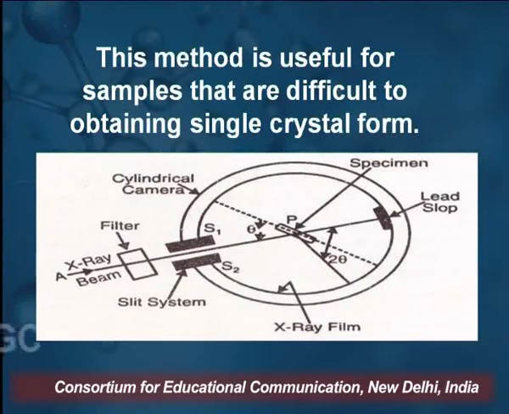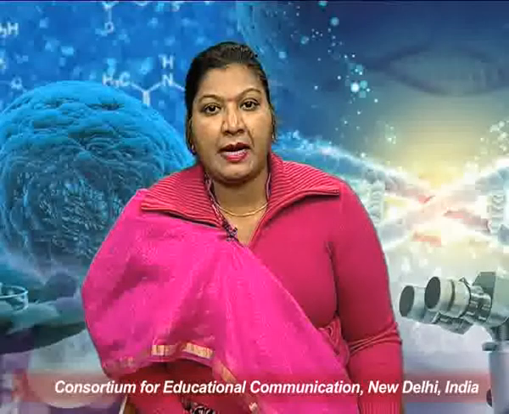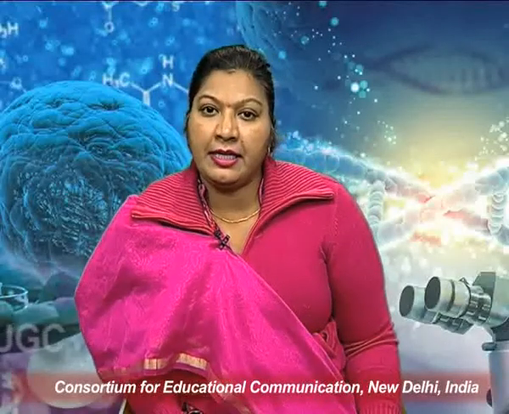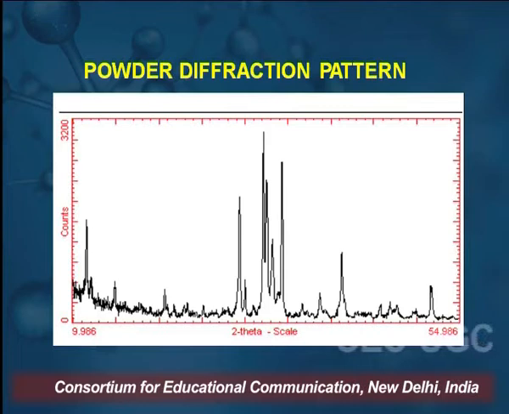The intensity and the angle of deflection, if plotted, give a pattern like this. This pattern will define the various compositions in the material we are using, and these peaks define the composition, the lattice parameters and the lattice planes of the crystal, and moreover explain the symmetry of a crystal.